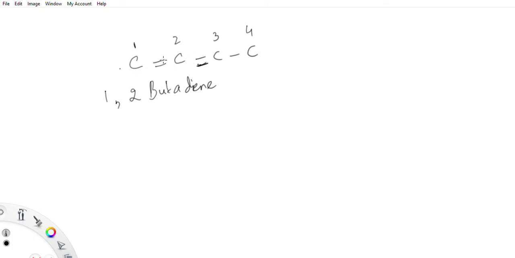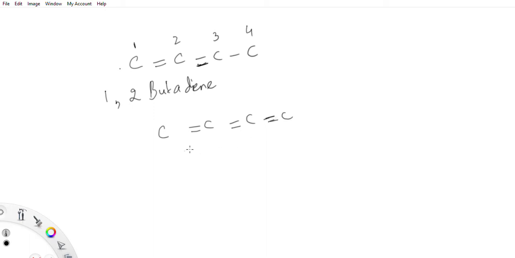It becomes 1,2-butadiene because the first double bond is between 1 and 2, and the second double bond is between 2 and 3. Normally a four carbon compound is known as butane or butene, but here, as there are two double bonds, I would say 1,2-butadiene. Let's take another example. The same four carbon compound, but now I will increase the double bonds. I have put another double bond. Now there are 3 double bonds.